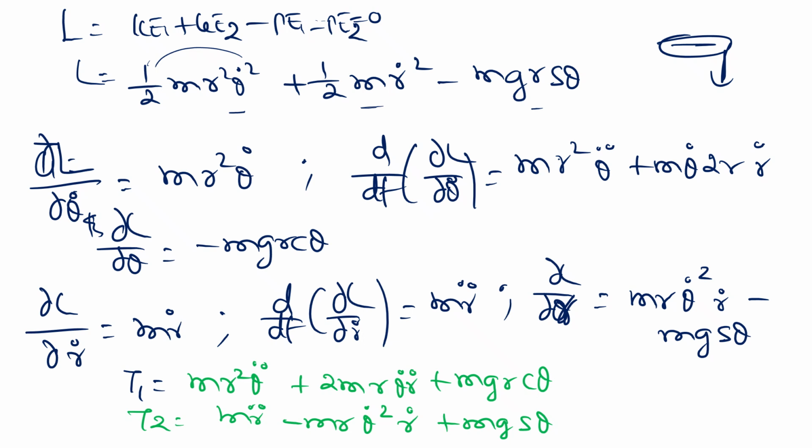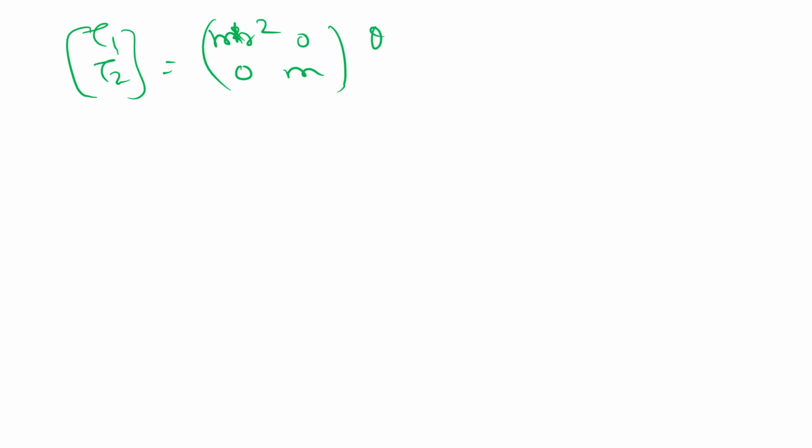So you have a gravitation term, you have a Coriolis term, and you have a centrifugal term, and this is the acceleration. So let's combine. So here tau 1 and tau 2 is equivalent to, the first term is m r square, 0, then 0, m, then theta double dot, r double dot.